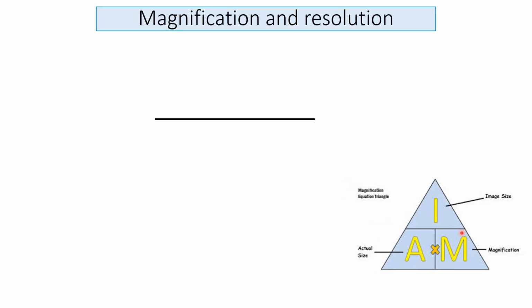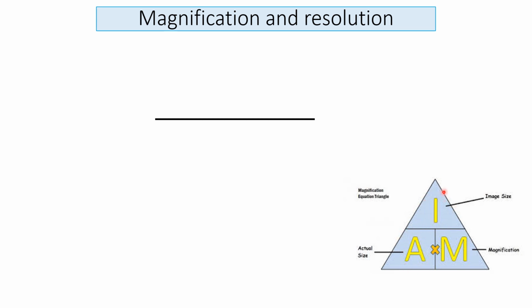You could be asked about magnification on a microscope image, and that is more likely. In fact, I don't think I've ever seen a GCSE paper where this hasn't come up, regardless of tier or whether you're doing combined or separate biology. So if you learn the I-AM equation, image, actual, magnification, this gives you the definition of magnification, because magnification is the number of times bigger the image is compared to the actual size.